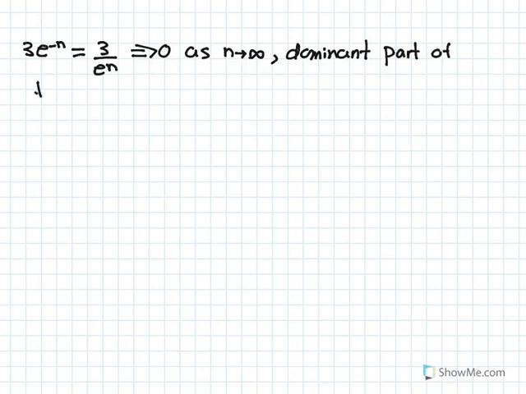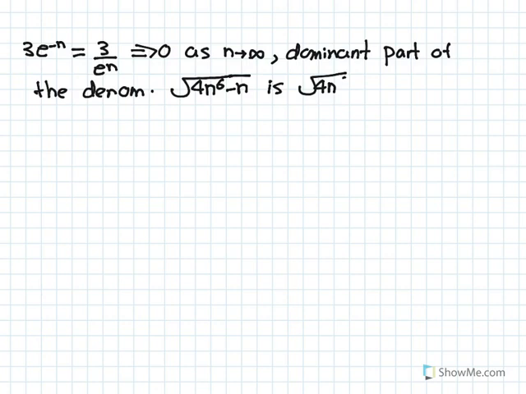Now the denominator is the square root of 4n to the 6 minus n. The dominant part of the denominator is the square root of 4n to the 6, because n is much smaller than 4n to the 6 for large n.